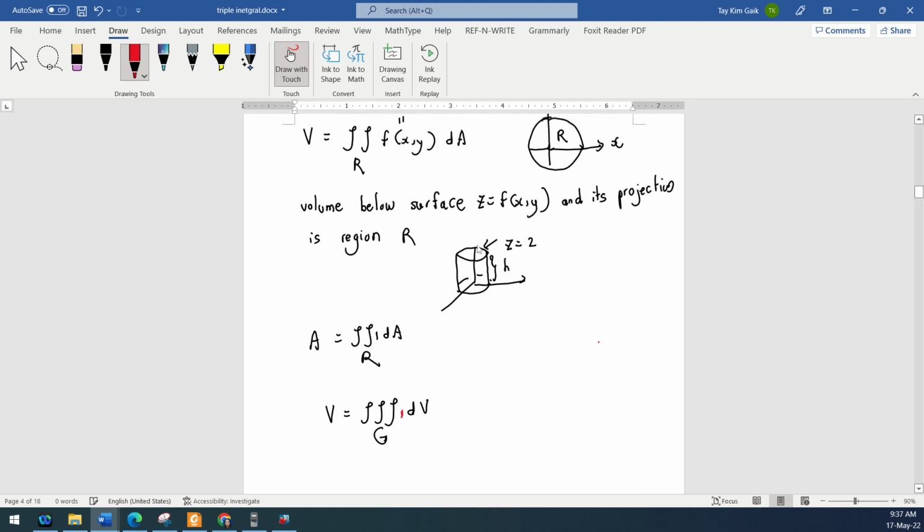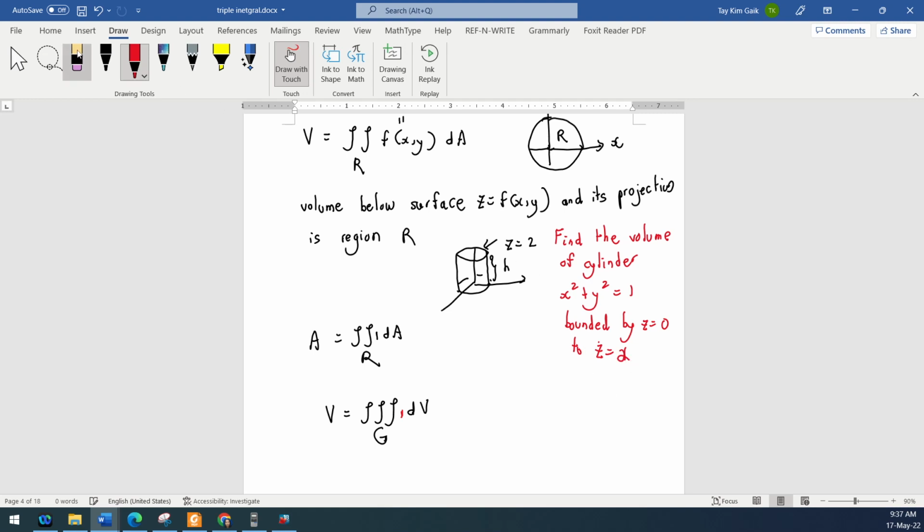Let's say I would like to find the volume of this cylinder, x squared plus y squared equal to 1, bounded by z equal to 0 to z equal to 2.